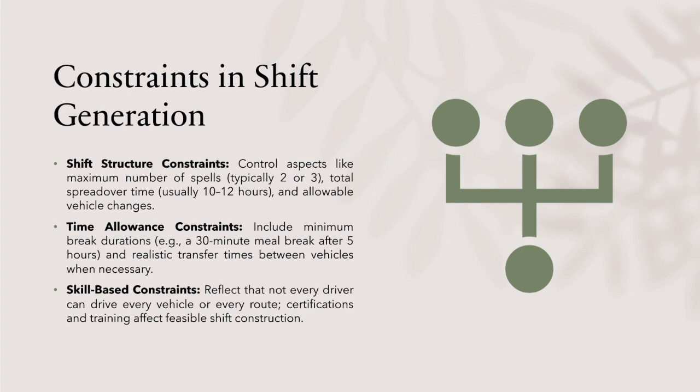Time allowance rules protect driver welfare by enforcing sufficient meal breaks and realistic transfers. Skill-based constraints introduce an operational reality. Not all drivers can work every route or drive every type of vehicle, so we must carefully match qualifications to shifts during generation itself.